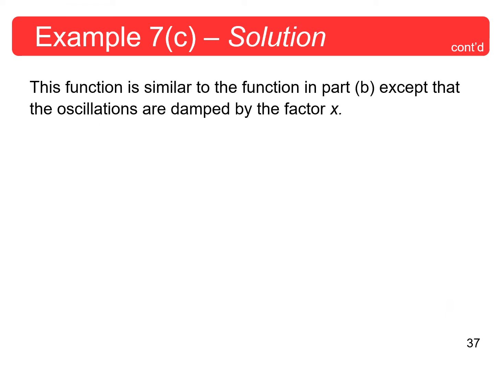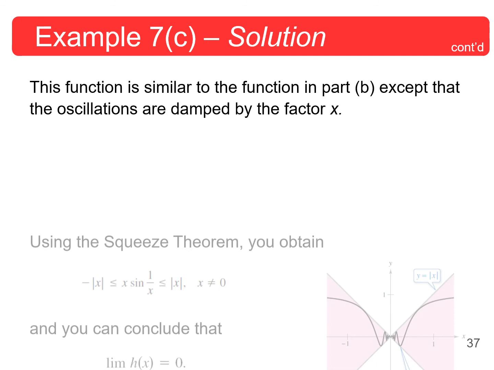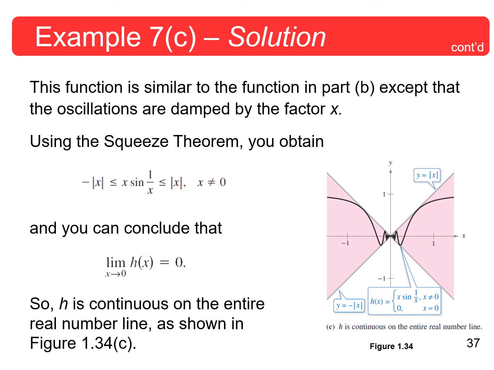So for letter C, the function is x sine of 1 over x. Now this function is similar to the function in part B, except that the oscillations are damped by a factor x. To do this, we will use the squeeze theorem. So using the squeeze theorem, we obtain this.